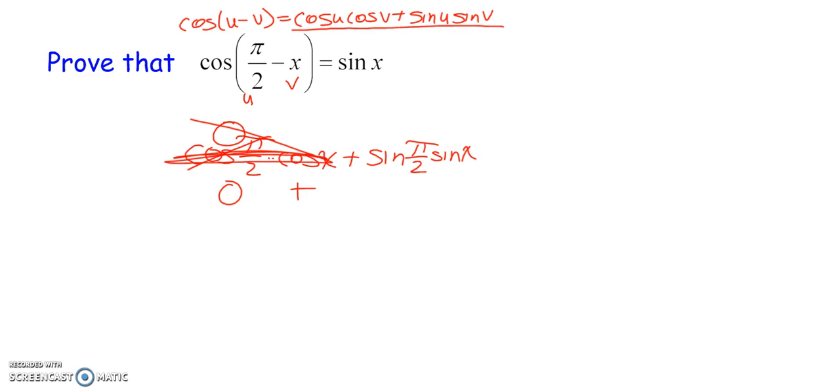The sine of pi over 2, I know that is 1, so what am I looking at? I'm looking at 1 times sine of x. 0 plus 1 times the sine of x is equal to the sine of x. This is a relatively straightforward proof. Given that you've done proofs in the last few sections, this one isn't terrible. And it's hard to actually show because it's only a few steps. It's hard to show some work here.